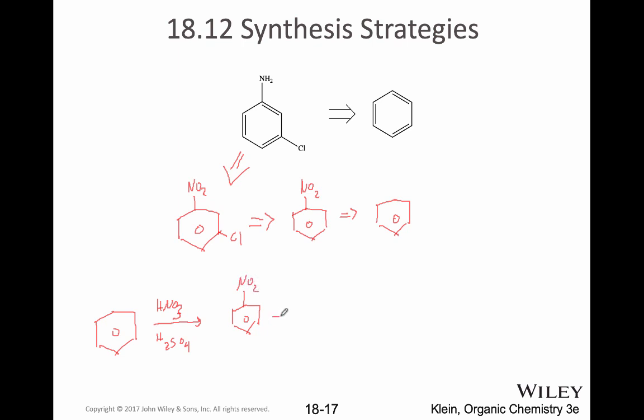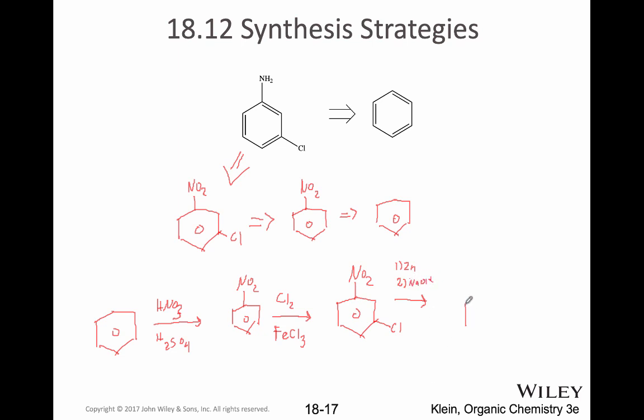And then I'm going to do the chlorination. That's going to put the chlorine meta. And then I'm going to reduce, and it's a 2-step process. So it's zinc followed by, I think, sodium hydroxide.